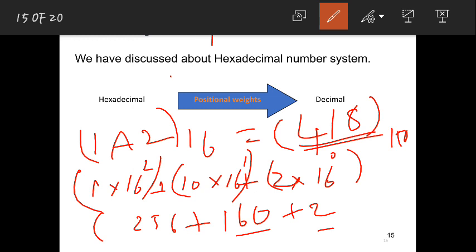So this is a procedure to convert if they give a hexadecimal number and you want to convert to decimal. This is the procedure you follow.